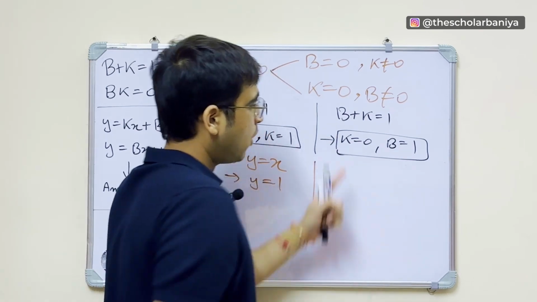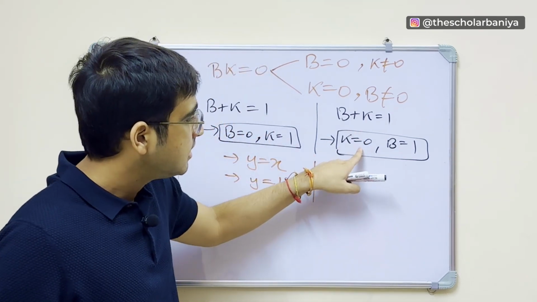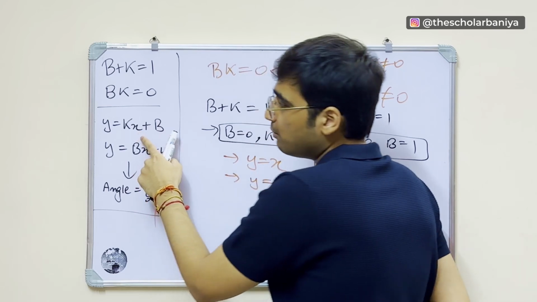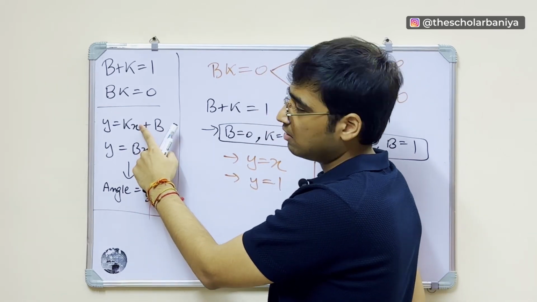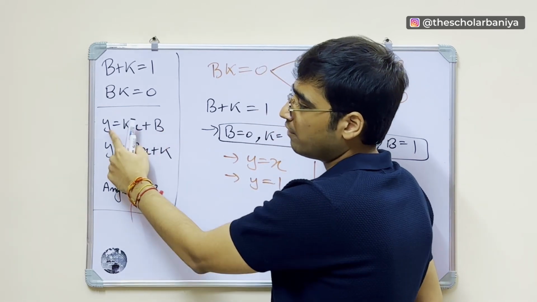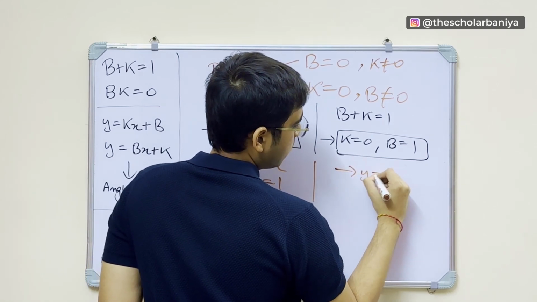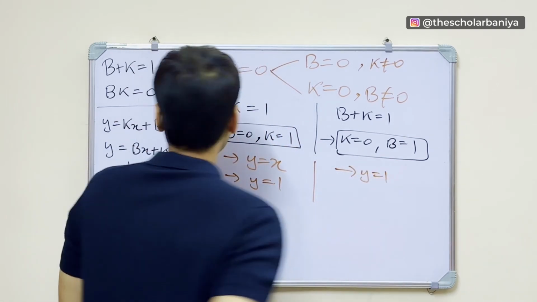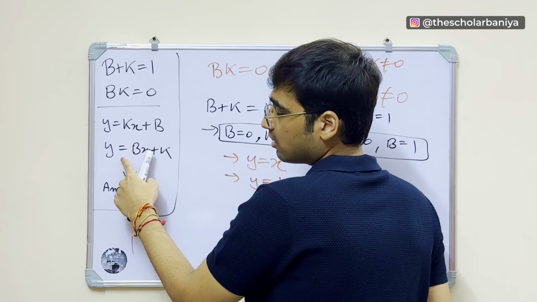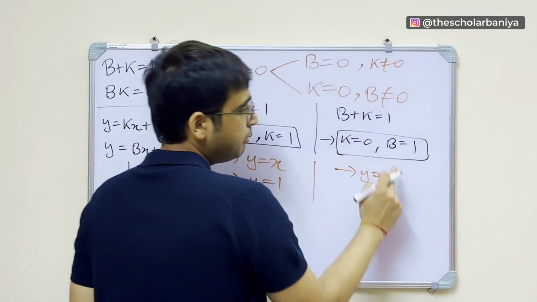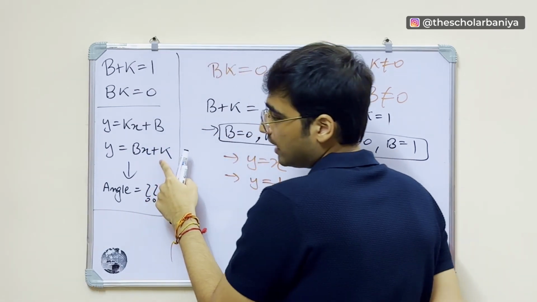Again, now let's take this case. k is 0, b is 1. So if we put k is equal to 0, then b is 1.